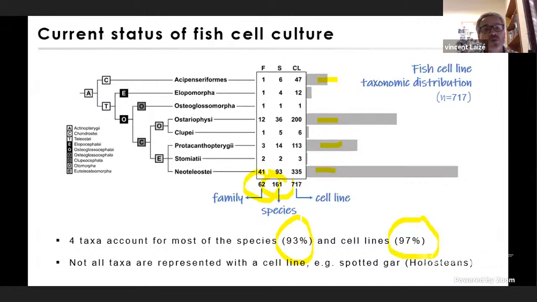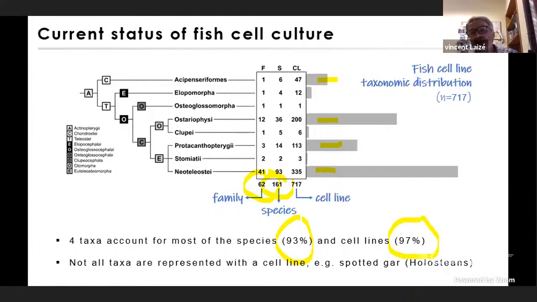It is important to note that not all taxonomic groups are represented with cell lines. One important group which is not there is the Holostei, and in particular the spotted gar. The Holostei are a group which is basically between the Chondrostei and the Teleostei, okay?